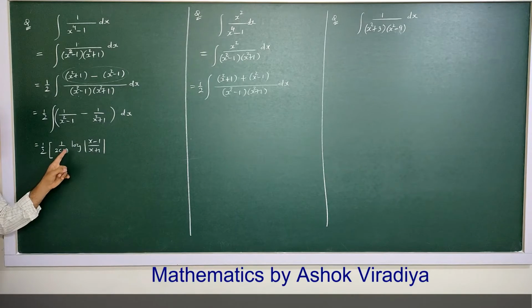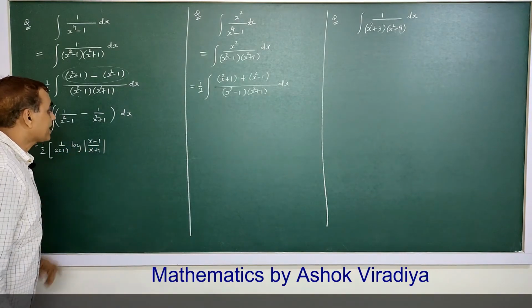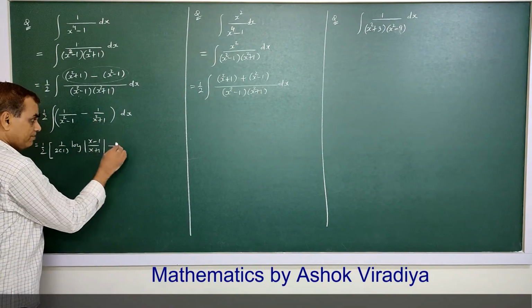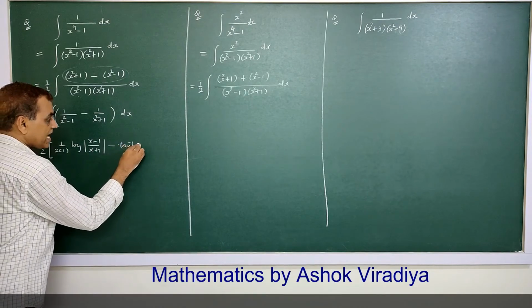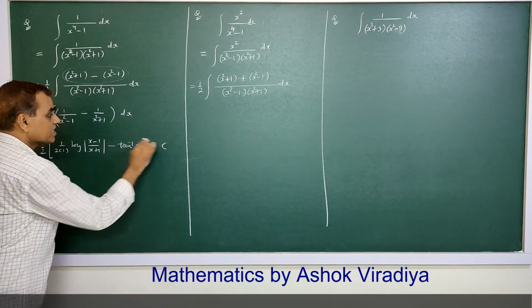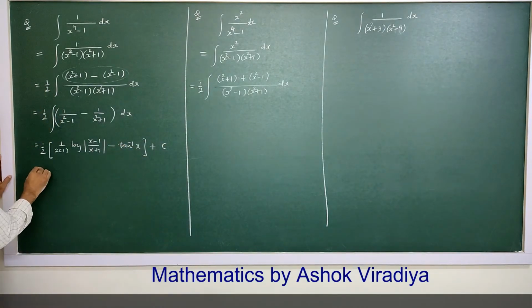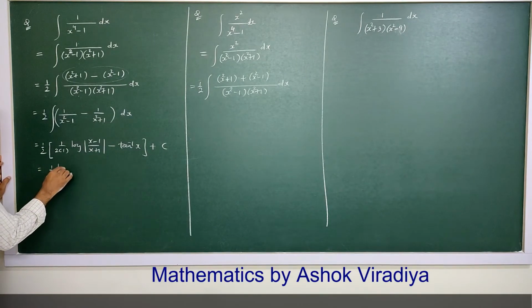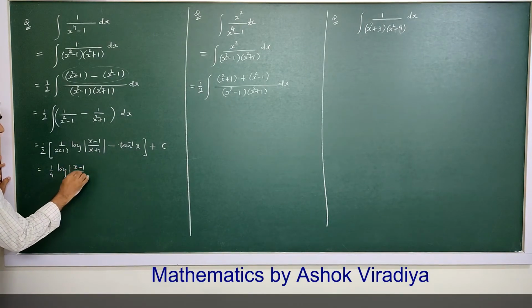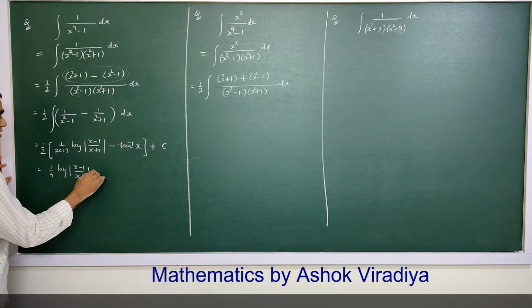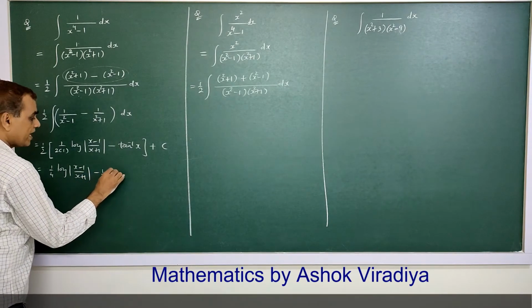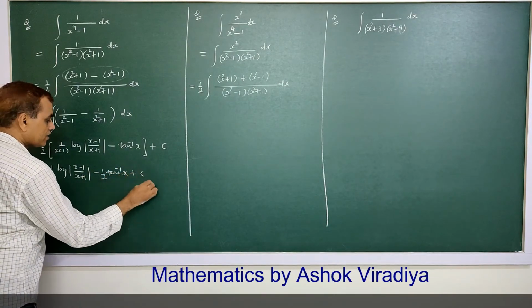So 1 upon 2a log mod x minus a upon x plus a minus this is tan inverse x plus c. So it is equal to 1 upon 4 log mod x minus 1 upon x plus 1 minus 1 by 2 tan inverse x plus c.